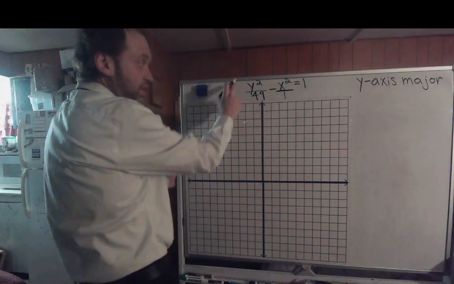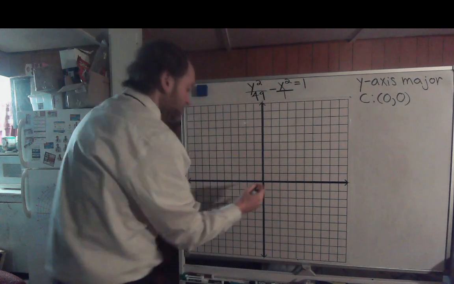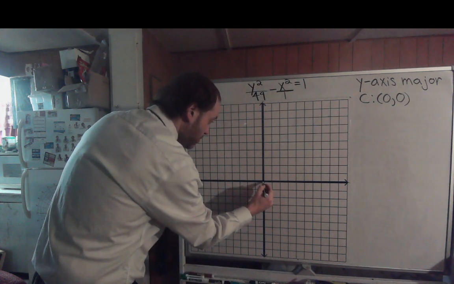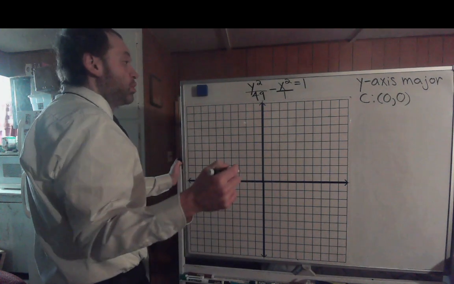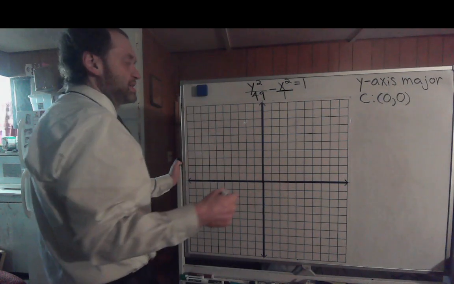Now the center is at 0, 0, so that's going to help us. So let's go ahead and plot the center. That's at 0, 0. Now, why don't we do our asymptotes?